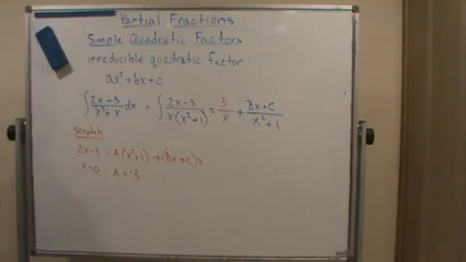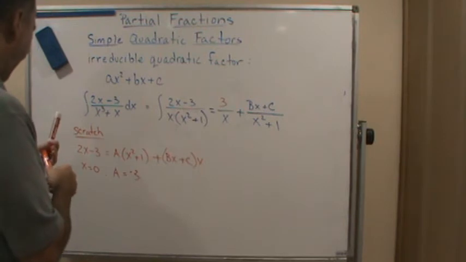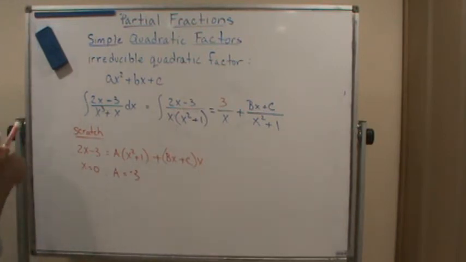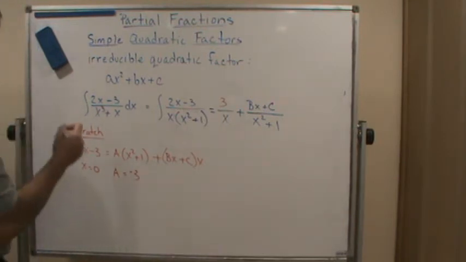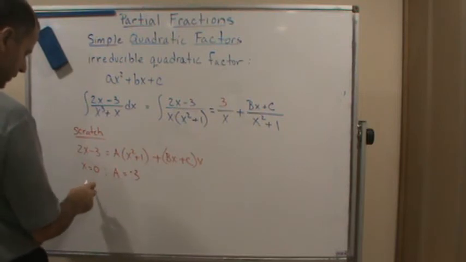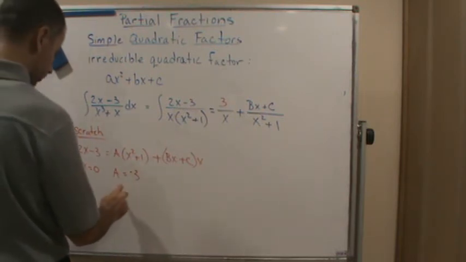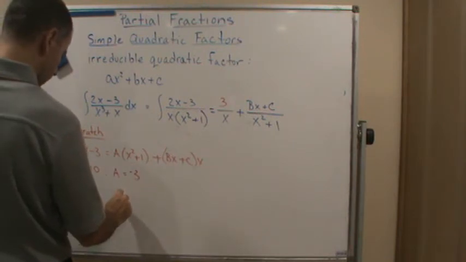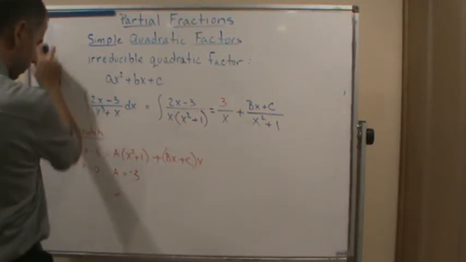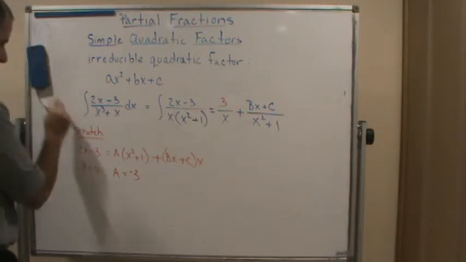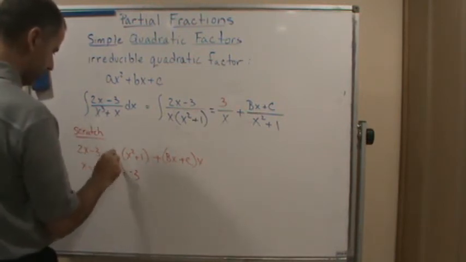Okay, now, if a equals 3, or excuse me, if a equals negative 3, let's plug that in. So we've got 2x, hold on, let's put in negative 3 here.